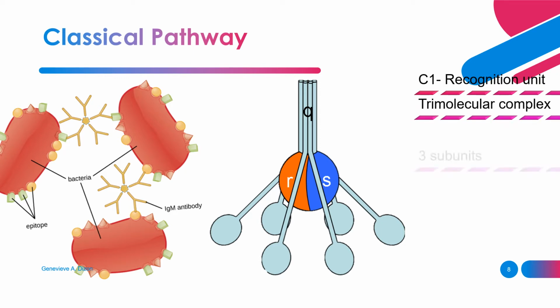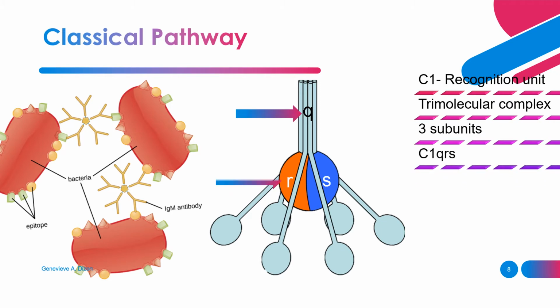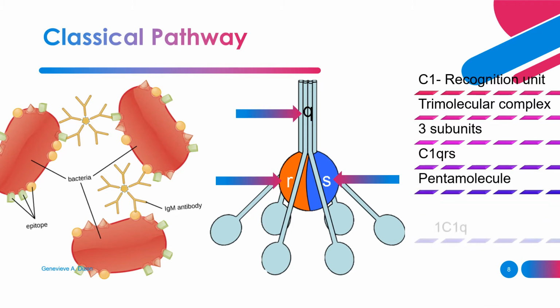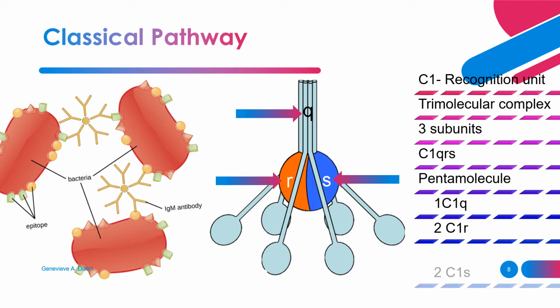It is a trimolecular complex with 3 subunits called C1q, C1r, and C1s. C1 appears as 6 globes held together on slender shafts that fuse into a common base. It is also considered a pentamolecule because it consists of a single C1q, 2 C1r, and 2 C1s molecules.